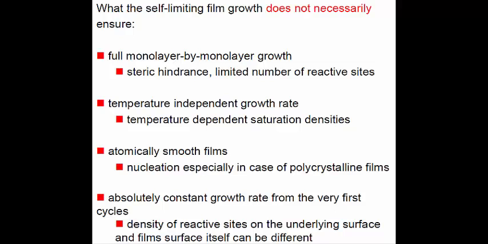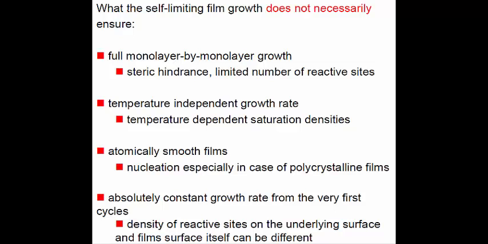What self-limiting film growth doesn't necessarily ensure is full monolayer by monolayer growth, because of steric hindrance where there is only a limited number of reactive sites. Temperature independent growth rate is also not necessarily ensured, because there are temperature dependent saturation densities.